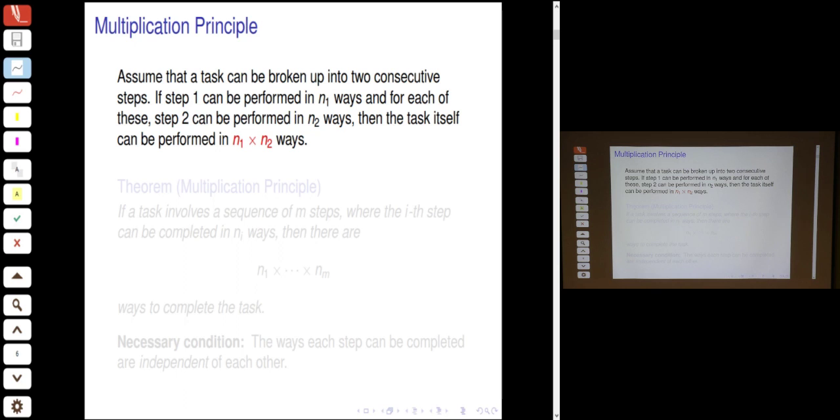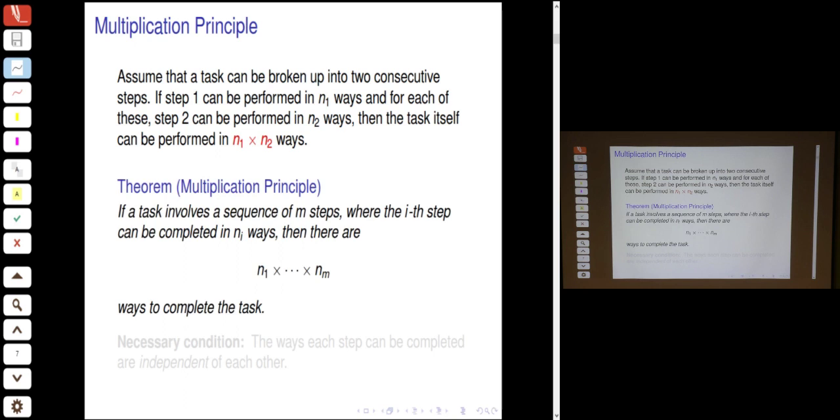But we are going to use it over here. Now here there are only two steps. Suppose you have m steps, well, just multiply m of them. So I will not read. There's a small caution: in order to do this, you need to know that there are no restrictions.